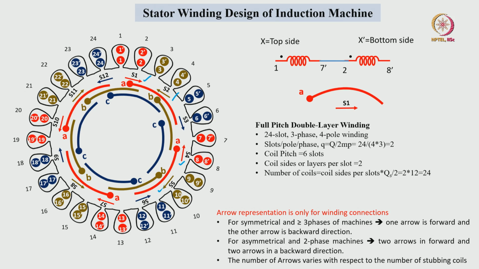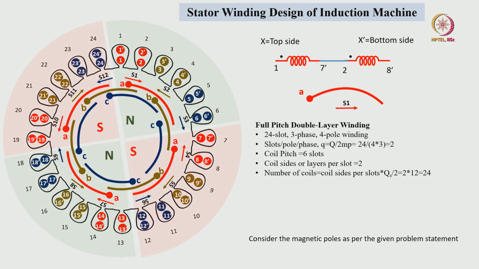By utilizing these arrows we will connect the stubbed windings to make the symmetrical 3 phase winding. These are the 4 poles. Let us consider first 6 slots are forming one pole and next 6 slots are forming second pole. Like that 6 slots, the conductors related to excited currents are forming the 4 poles, that we have to verify after making the winding connections.